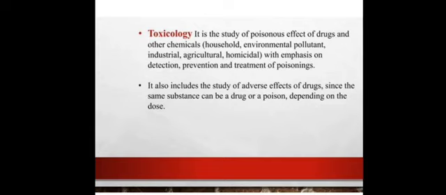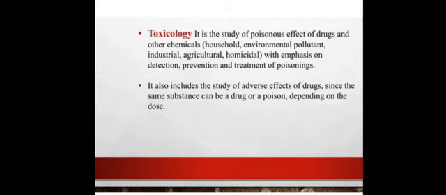Toxicology. Here in these slides we are discussing the terms which are important in pharmacology. So next comes toxicology. It is the study of poisonous effects of drugs and other chemicals with emphasis on detection, prevention and treatment of poisonings. These other chemicals include household, environmental pollutants, industrial, agricultural and homicidal agents.